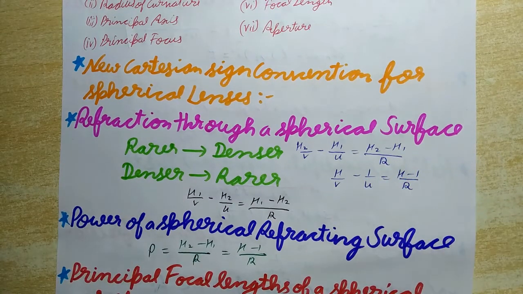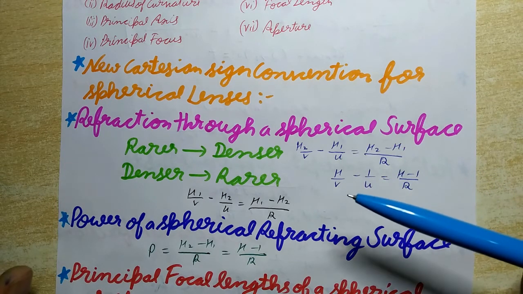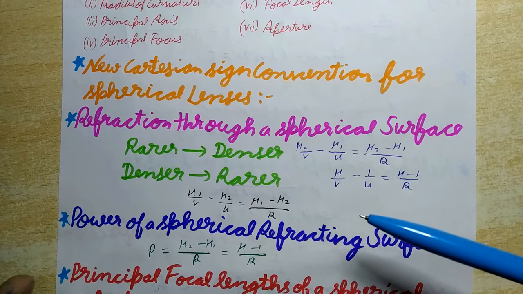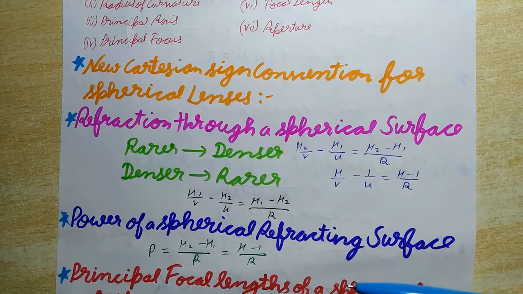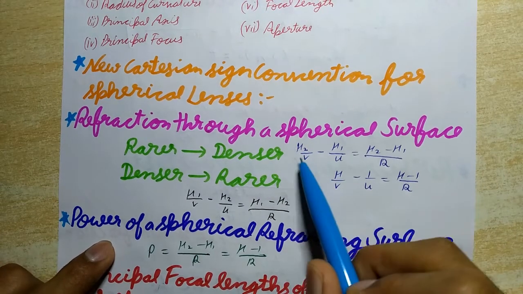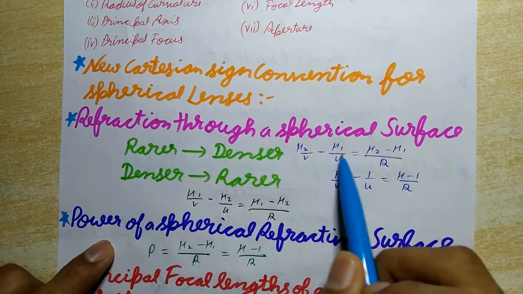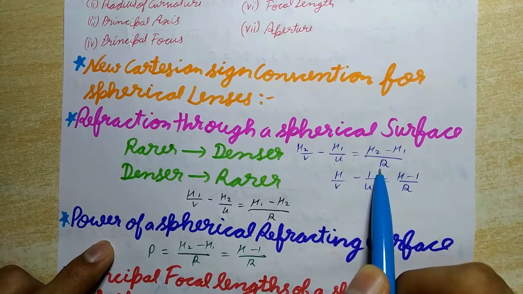When a ray of light travels from a rarer medium of refractive index mu1 to a denser medium of refractive index mu2 at a spherical surface of radius of curvature R, the relation between object distance u and image distance v is mu2 upon v minus mu1 upon u equals mu2 minus mu1 upon R.